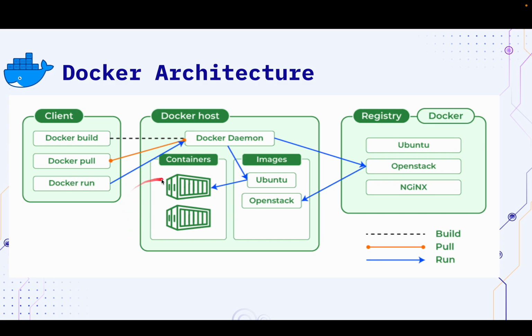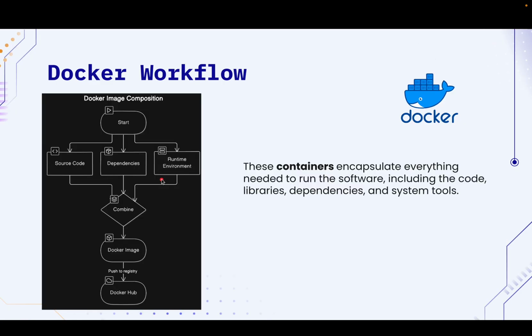So this is the basic Docker architecture, and the workflow basically is we're going to have a Dockerfile in our application, and that Dockerfile contains the instructions on how we want to Dockerize our application. By Dockerizing an application, I mean how do we want to create a Docker image out of our application.